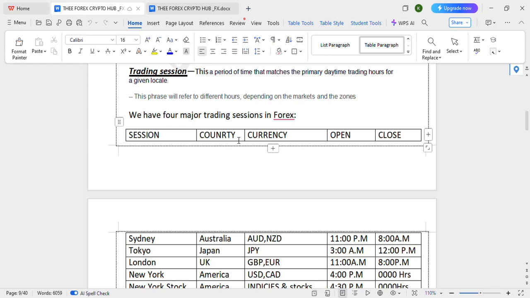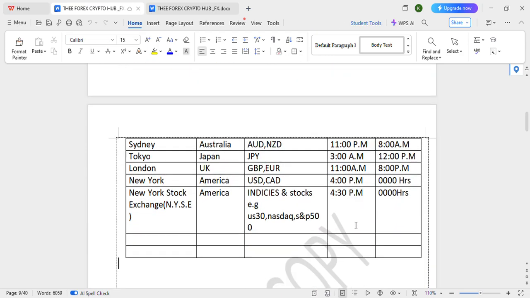And then we have the currencies. These are the currencies which are affected directly by the session, or the currencies which you can trade best during that particular session. Then we have the open, or when that session starts, and we have the close, when the session ends. Now coming to the first session is what we call the Sydney session.